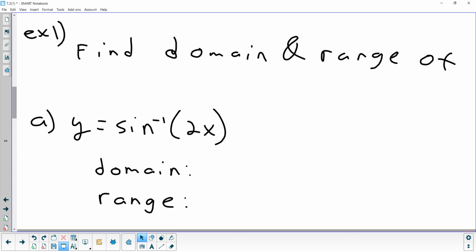One of these stays the same. Anyone think they can tell me which one of those is not being affected at all? Eli? Range. Yeah, the range, because we're not doing anything vertical. So whatever my range is for the inverse sine, that's all I need to write down.